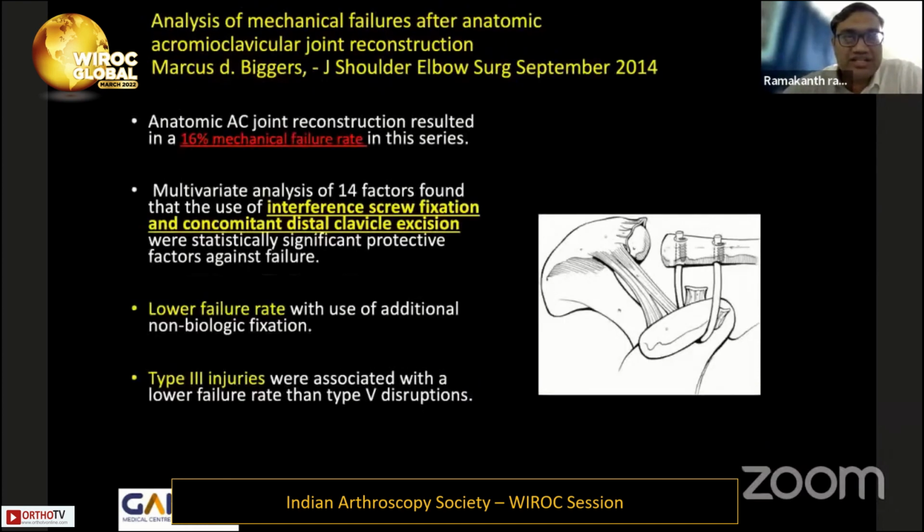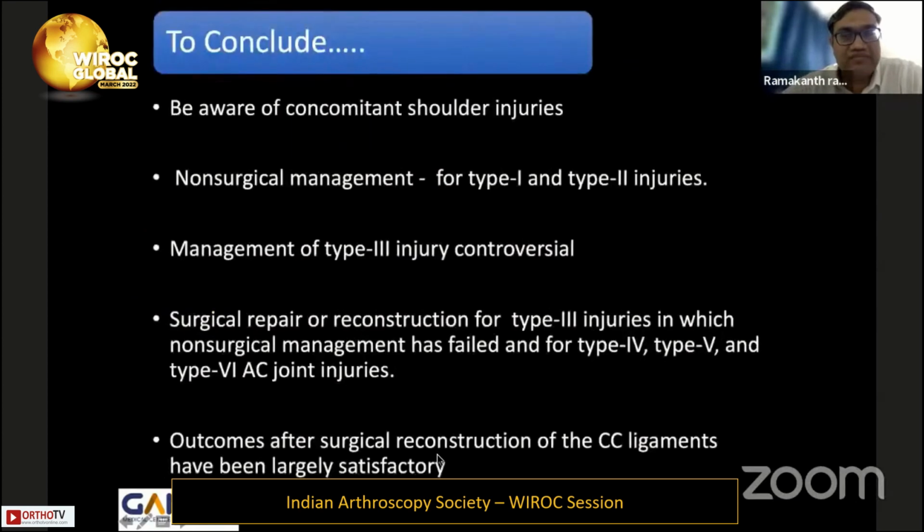The other analysis of various mechanical failures after AC joint reconstruction showed a 16% mechanical failure, especially when they do reconstruction with interference screws and concomitant distal clavicle excision. The failure is lower with the use of additional non-biological fixation, and type 3 injuries were associated with lower failure than type 5 injuries.